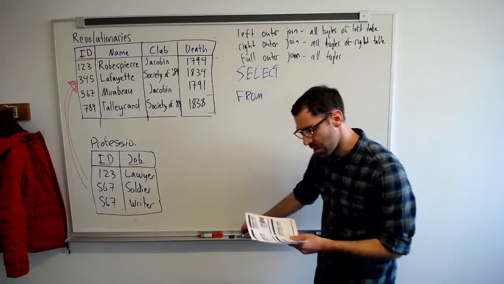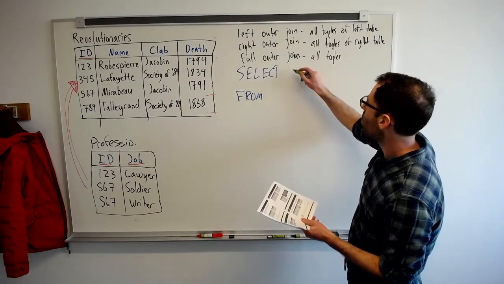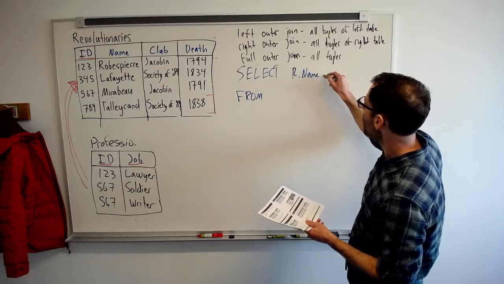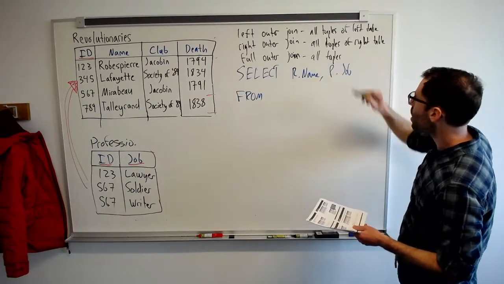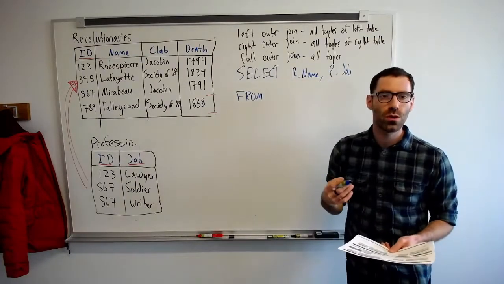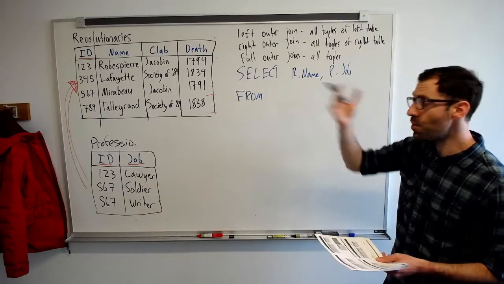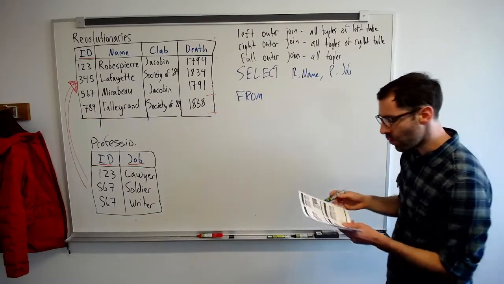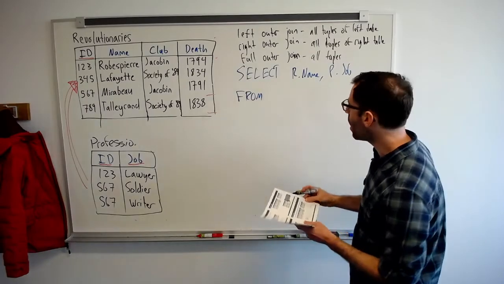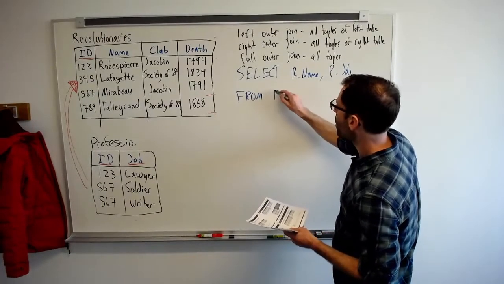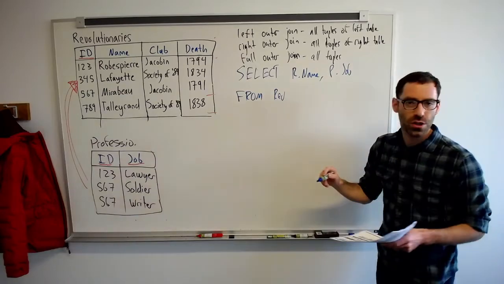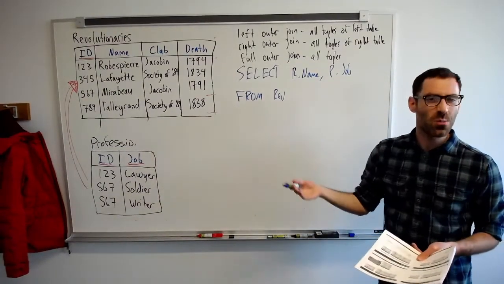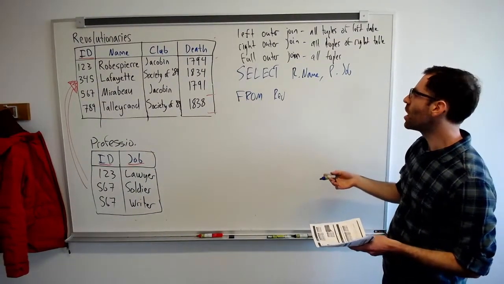We have the same r.name and p.job, but we want to include the names even where we don't have an entry for them in profession. And so I'm not going to keep writing out revolutionaries and professions. I'm thinking now it may have been smart to choose shorter table names.